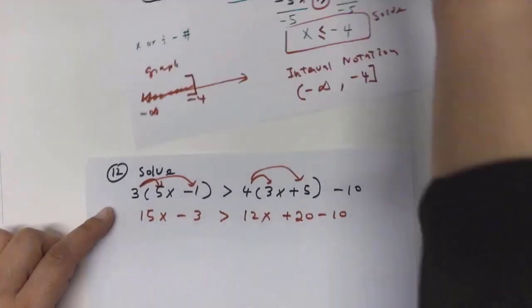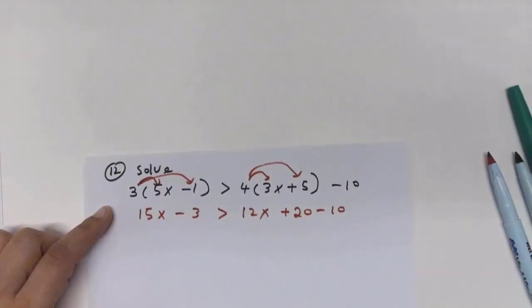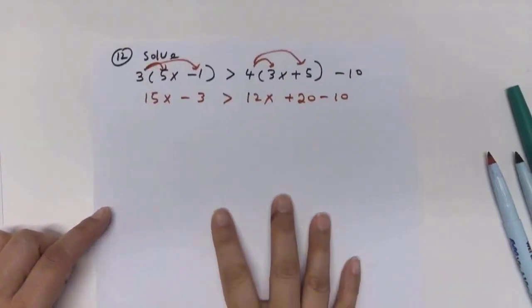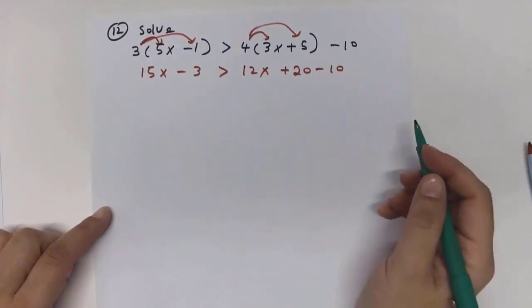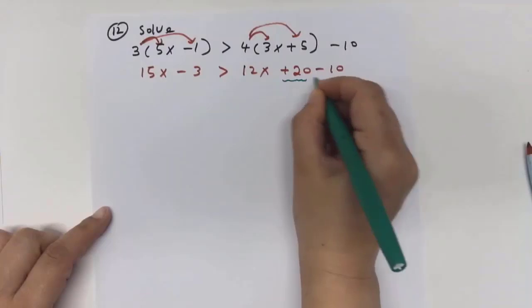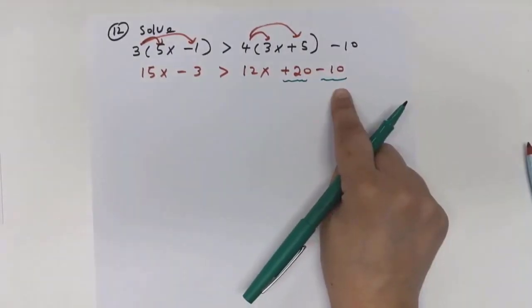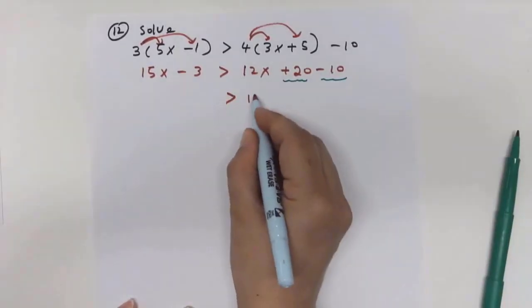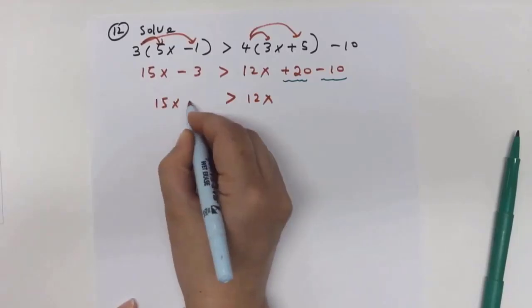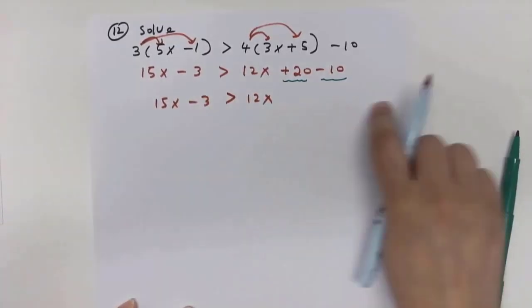Aiden, you okay? And then what? Okay, if this is on the same side, do I need to do opposite or just combine them? Just combine them. When I combine them, this is going to be what? Plus 10. Thank you.